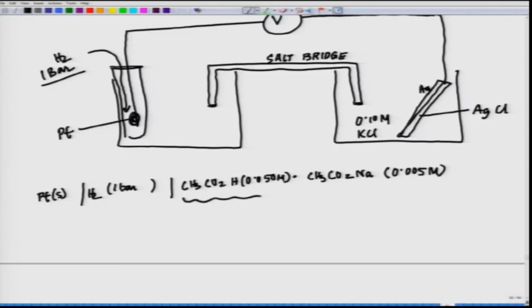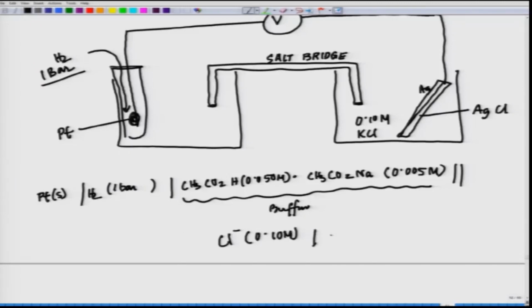So, which is essentially a buffer. This is what is buffering it. And you have the double line showing the other side, the right hand side of the reaction, which is chloride 0.10 mole with AgCl solid, Ag solid. So, this is what the reaction looks like.